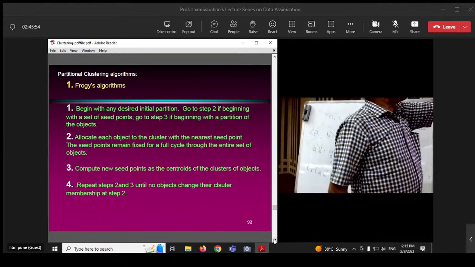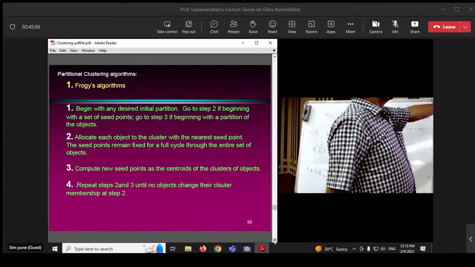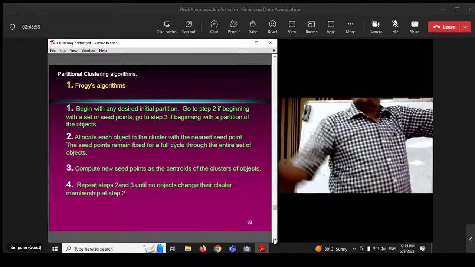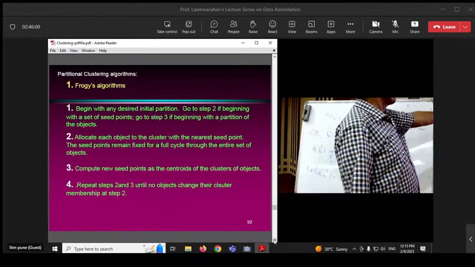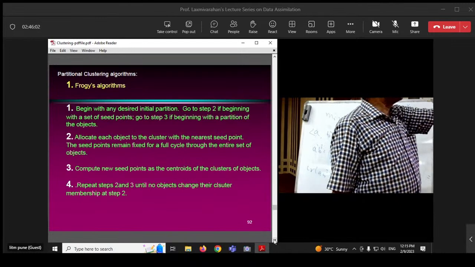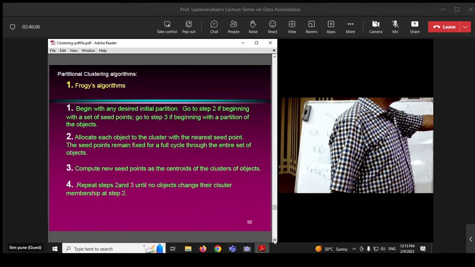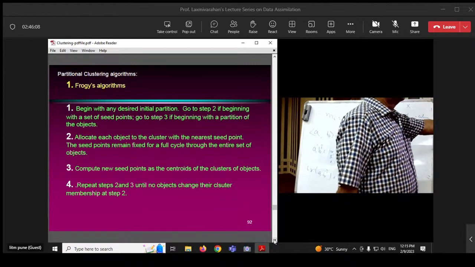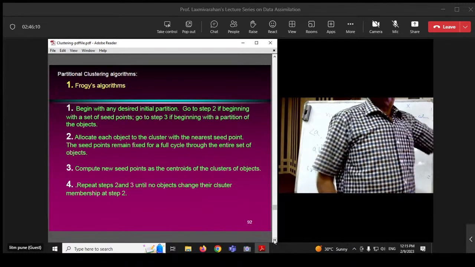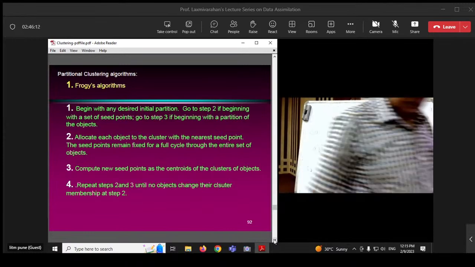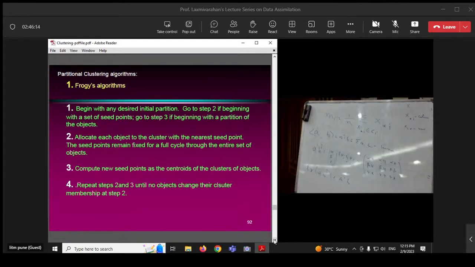Allocate each point to the cluster with the nearest seed point. Seed points remain fixed for the full cycle. We have already talked about that; I'm trying to reinforce that. Compute the new seed point as the centroid of each cluster. Repeat steps 2 and 3 until no object is left behind. Everybody is in some cluster. Are you with me?